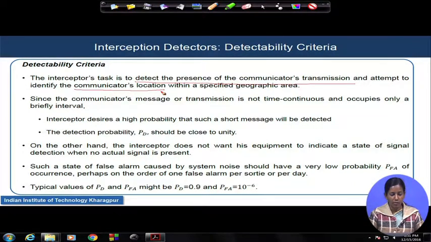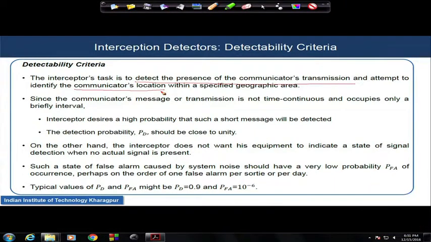And the communicator's transmission is not time continuous; it occupies a brief interval, because if you go ahead with a long message transmission, there is a high probability that somebody can intercept you. If you go ahead with a short message duration, which we prefer in a hostile environment, it is a little hard for the detectors to detect it.